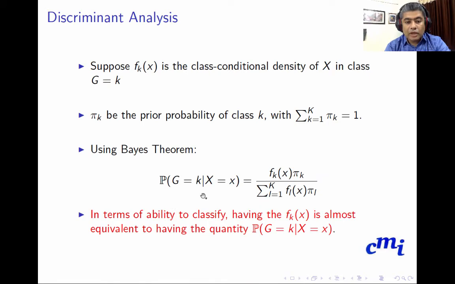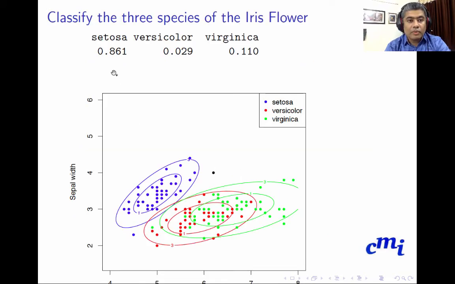So pi_k equal to one third for all three, and that gives us the final conditional probability, the Bayes probability. For this particular test point, the probability that it belongs to setosa is 0.861. The probability that it belongs to versicolor, the red points, is 0.029, and that it belongs to virginica is 0.110.